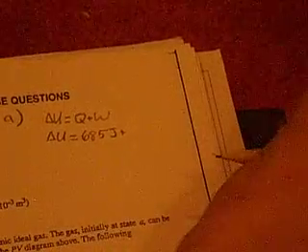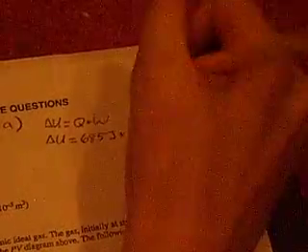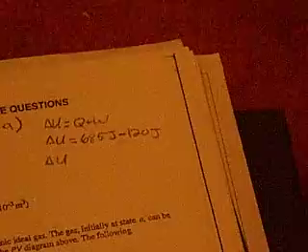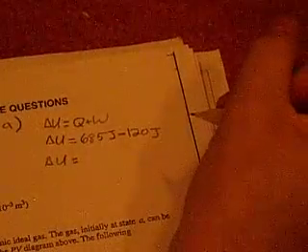Now, the formula is plus, but if you look, it shows you that work is negative. So, minus 120 joules. And then when you solve everything out and plug it into your calculator, you'll get that the change in internal energy, or delta U, equals 565 joules.